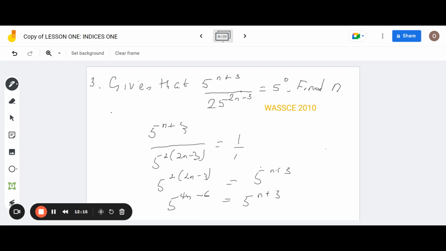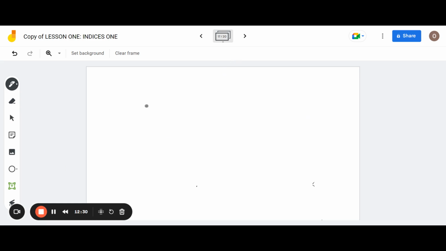Let's continue in the next page. Since the bases are equal, the indices are equal, therefore 4n minus 6 is going to give us n plus 3. So 4n minus 6 equals n plus 3.